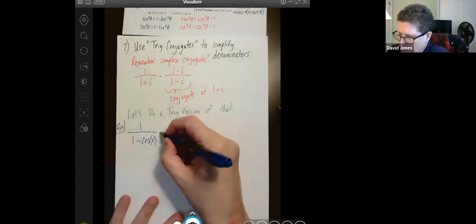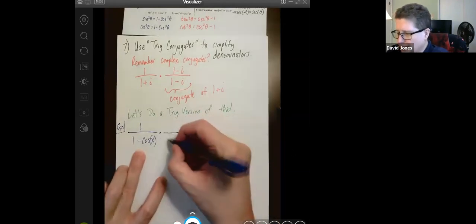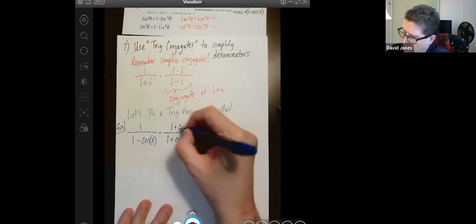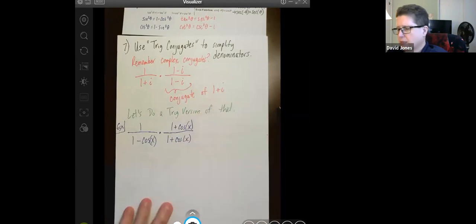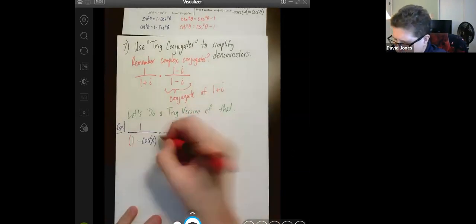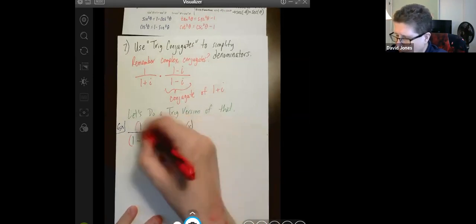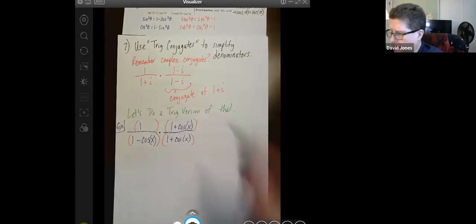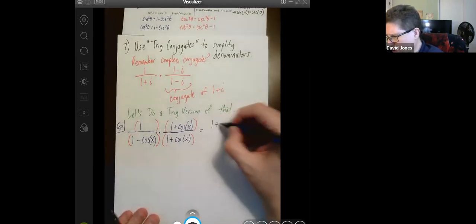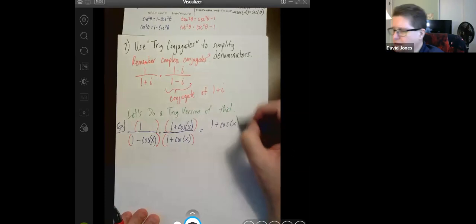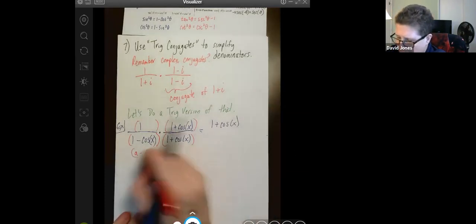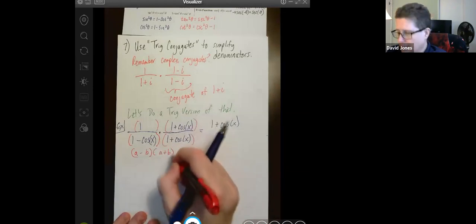If I do something similar where I just change the sign, this will be 1 plus cosine x. And we're multiplying the whole thing on the bottom by the whole thing on the top. The top is just 1 plus cosine x. This is like a minus b times a plus b.